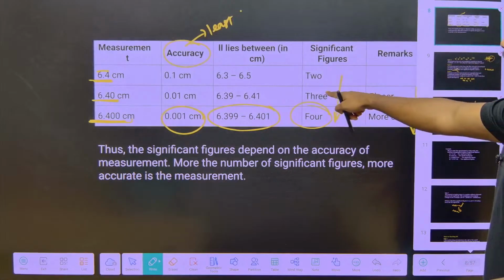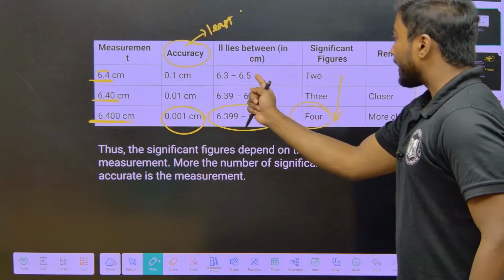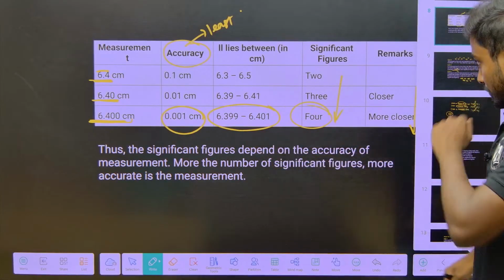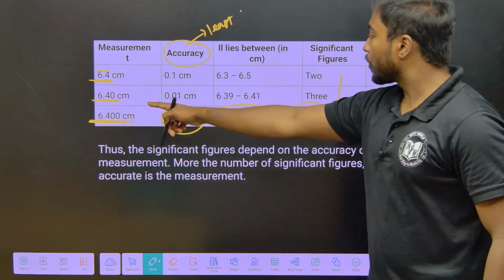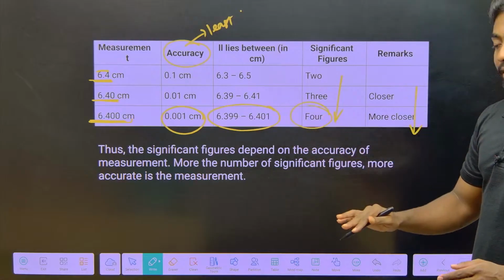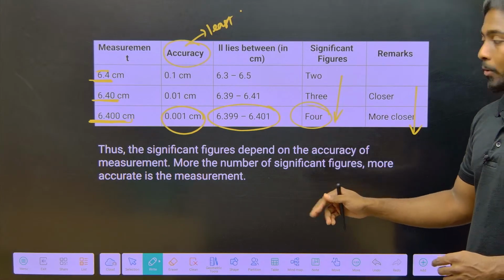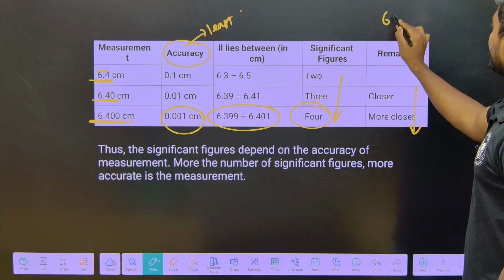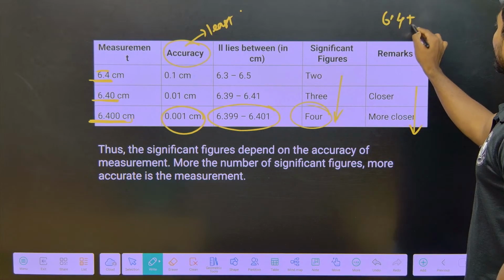In this table we have seen 6.4 can lie between 6.3 and 6.5. Similarly, 6.40 can be 6.39 and 6.41. So 6.4 can be written as 6.4 plus or minus 0.1.